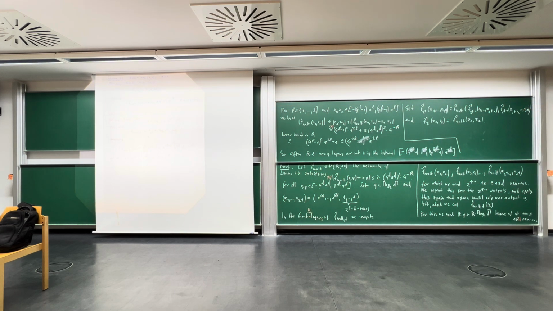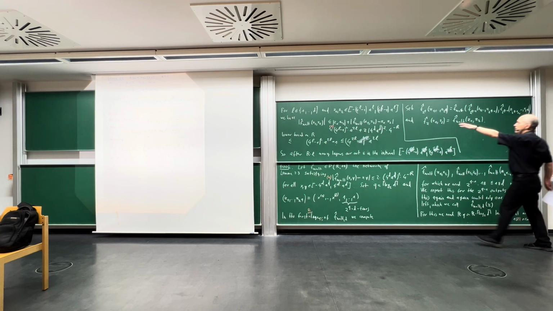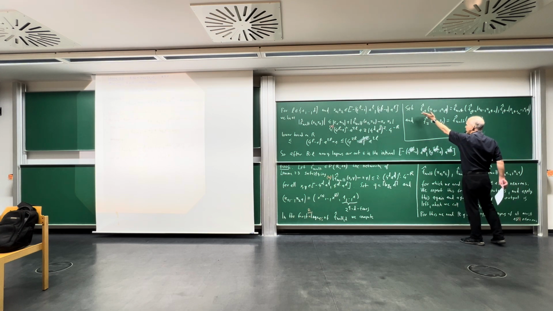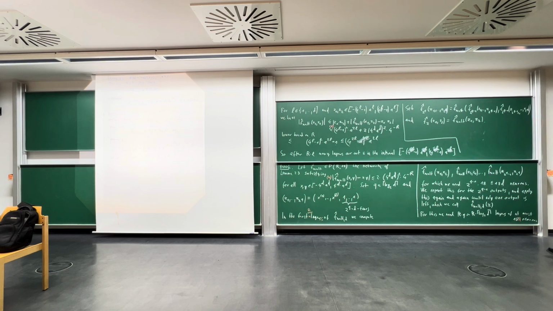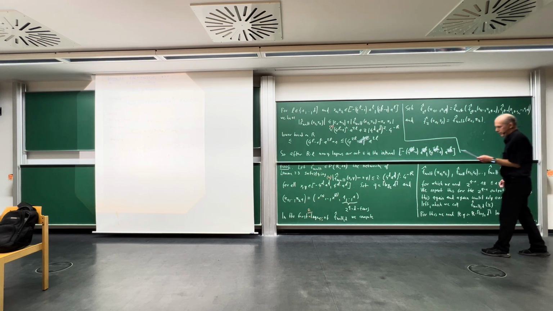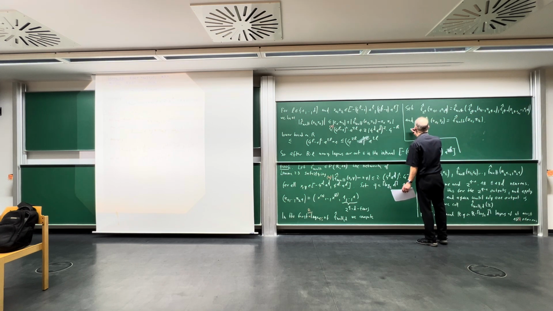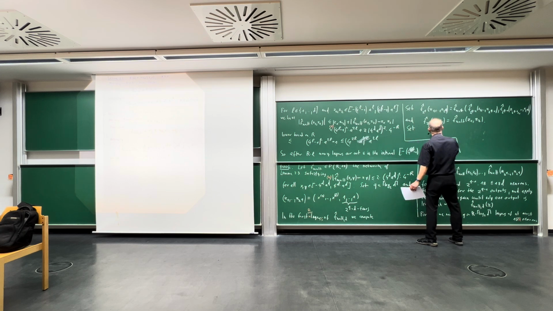And then you see that what my network basically computes is this function with q equal to the ceiling of log2 of d. So what we have to show is one more definition.